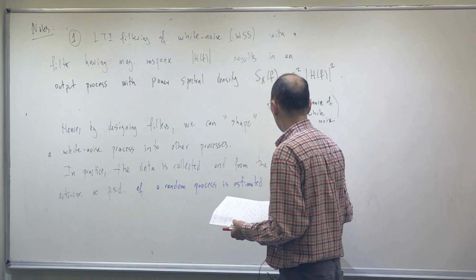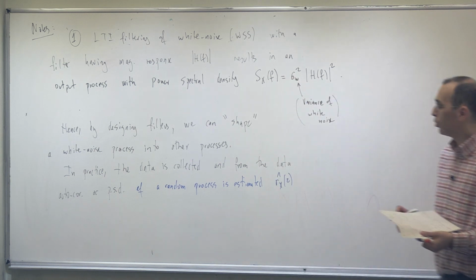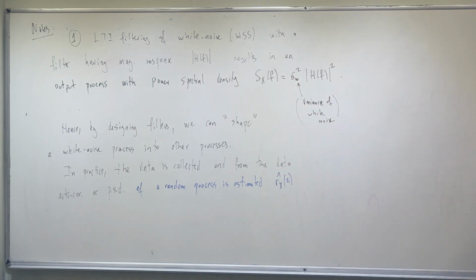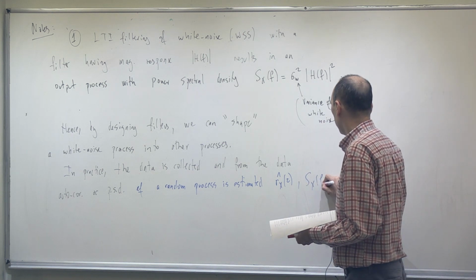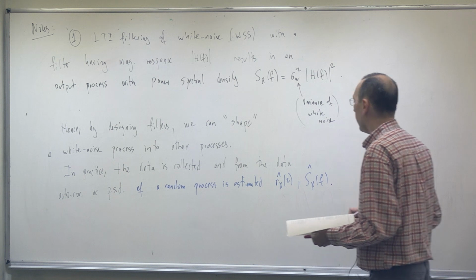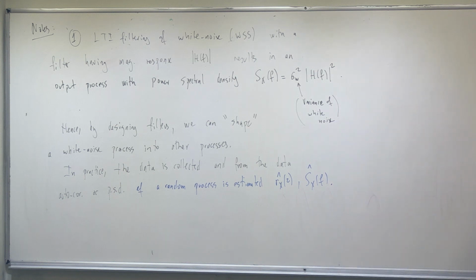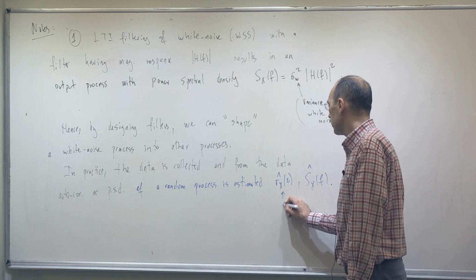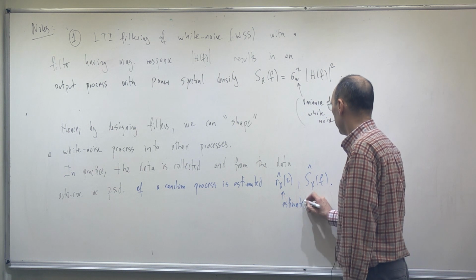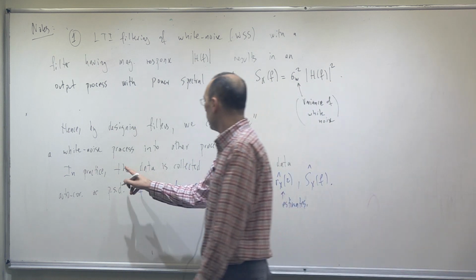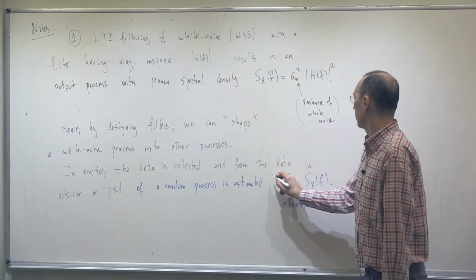Again, as I have said, you don't know the autocorrelation. No one, in practice, gives you these autocorrelation sequences or power spectral density functions, and so on. So these are the estimates. Somehow, I'm capable of estimating this. So in practice, data is collected, and this is estimated.